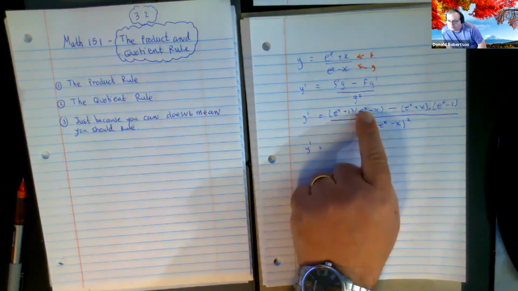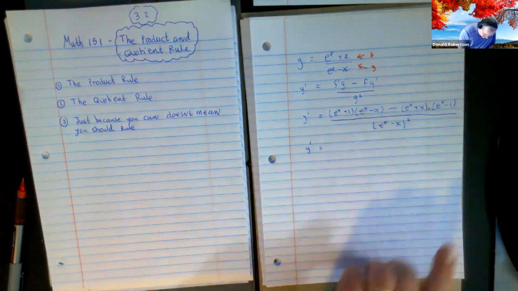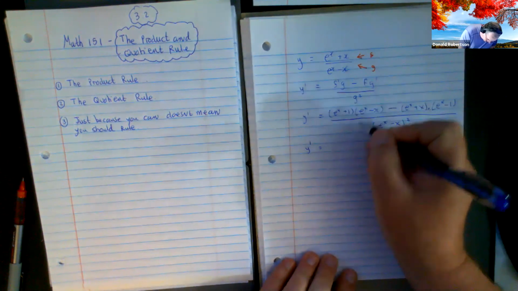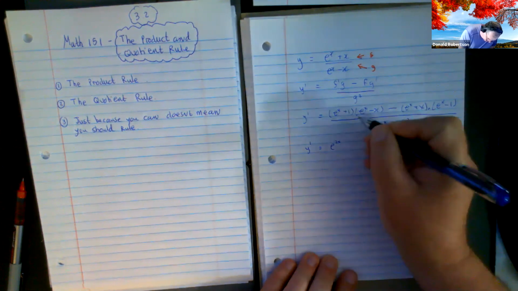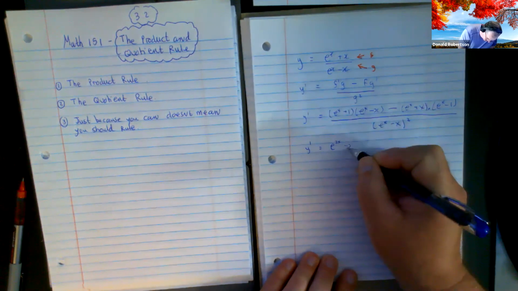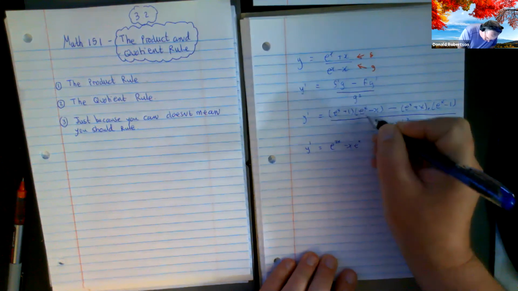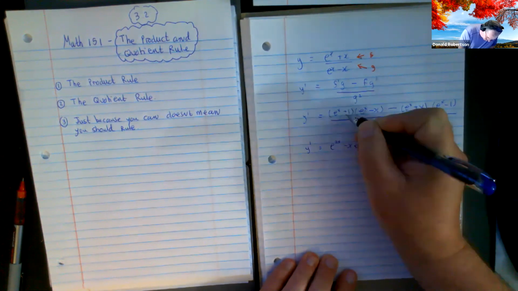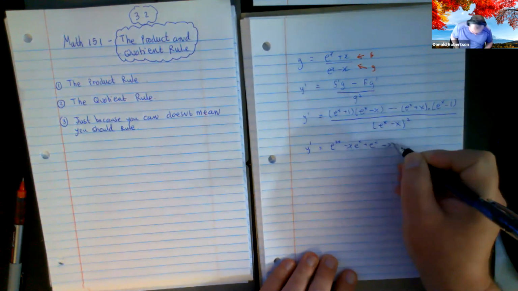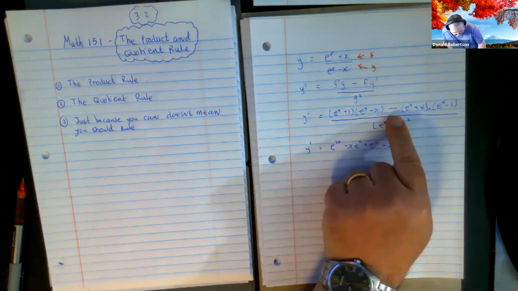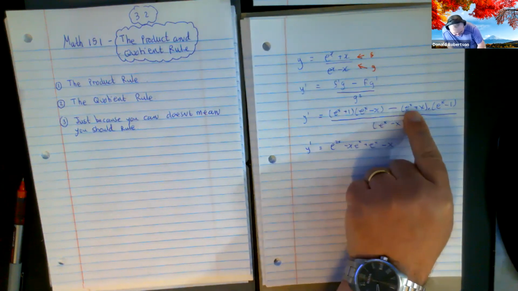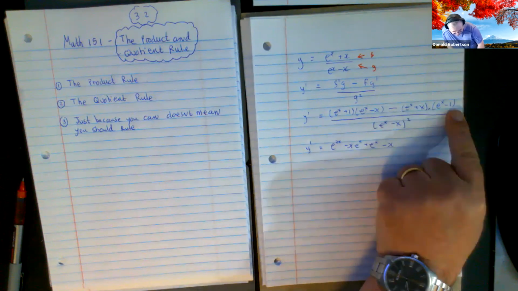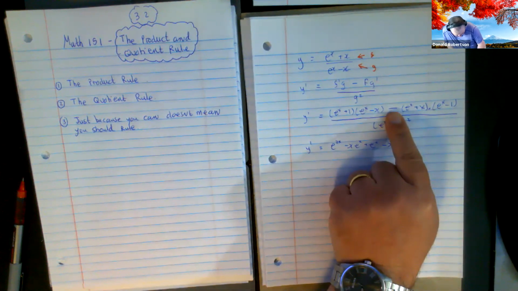Foil out. Okay, e to the x times e to the x is e to the 2x. e to the x times that gets you this guy, plus 1 times that gets you this guy, plus 1 times that guy gets you negative x. Now, you're then going to subtract this guy, foiling. So I'm going to foil this and then remember to subtract each term as I do it.